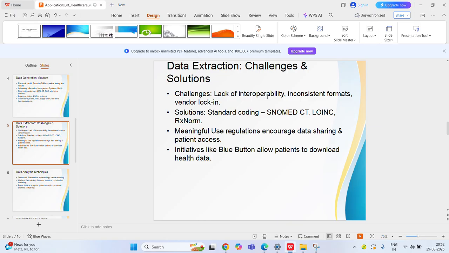The lack of interoperability creates significant challenges for healthcare providers, patients, and the industry at large. The inability to effectively share and exchange data can lead to delayed care, redundant testing, and even medical errors.